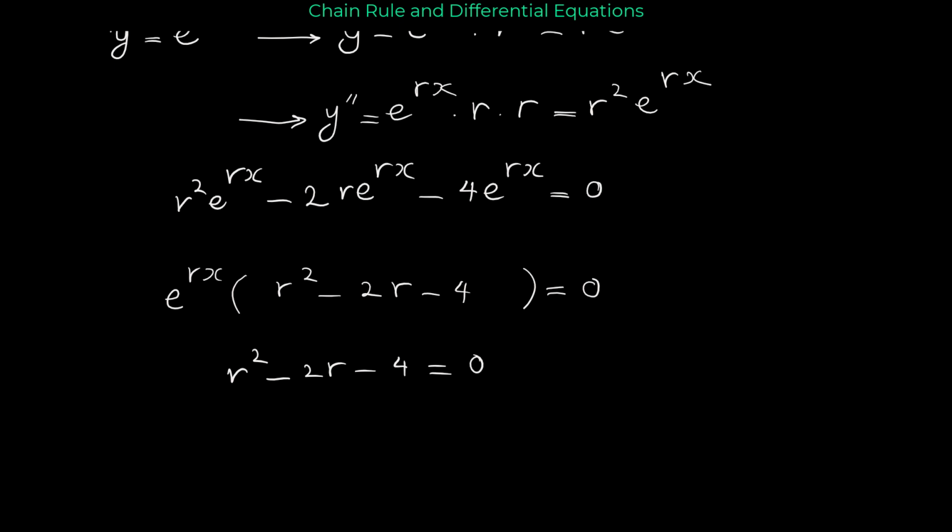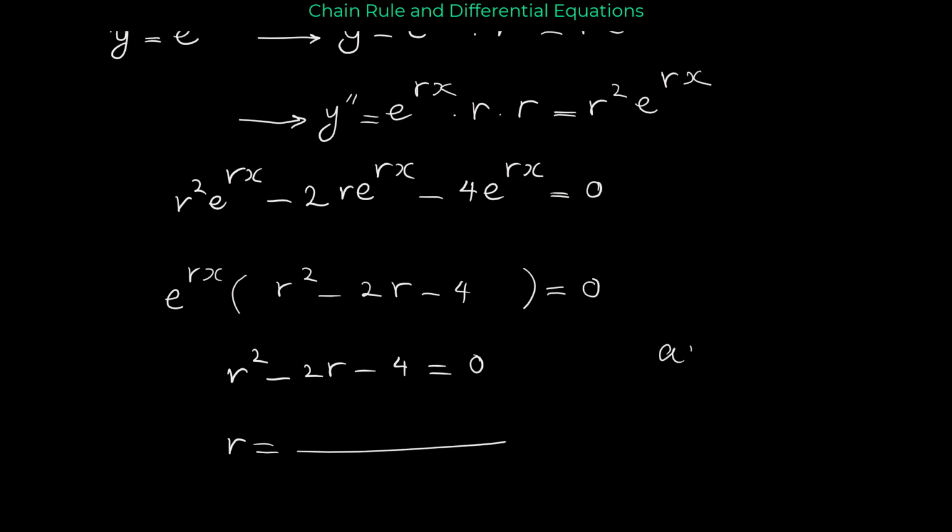If you want to factor it, you have to find two numbers whose product is -4 and whose sum is -2. Because the answers of this question are not integer numbers, forget factoring for finding r, and it's better to use the quadratic formula.